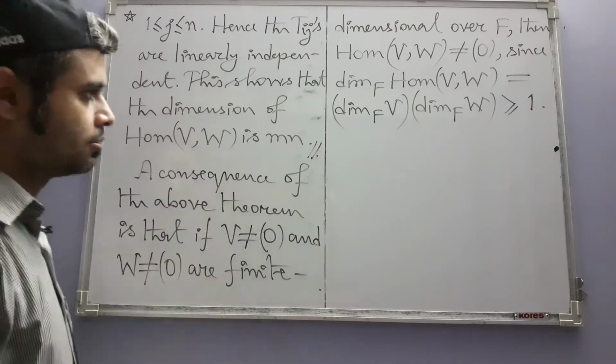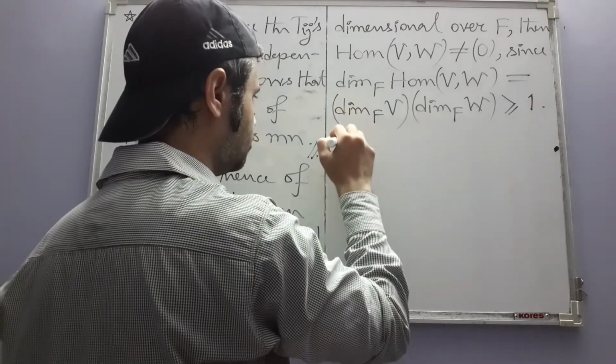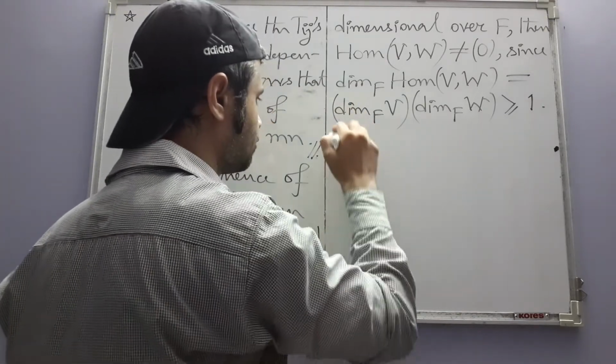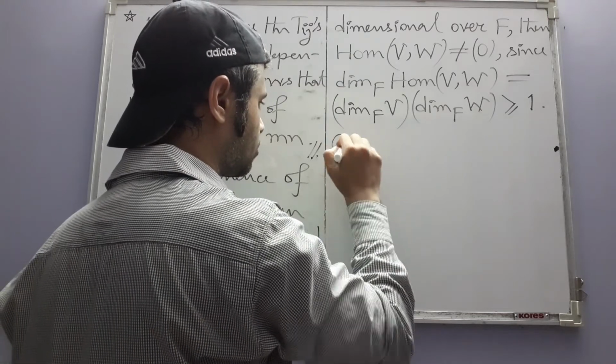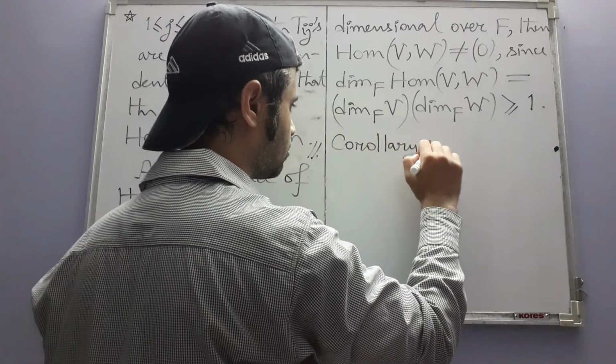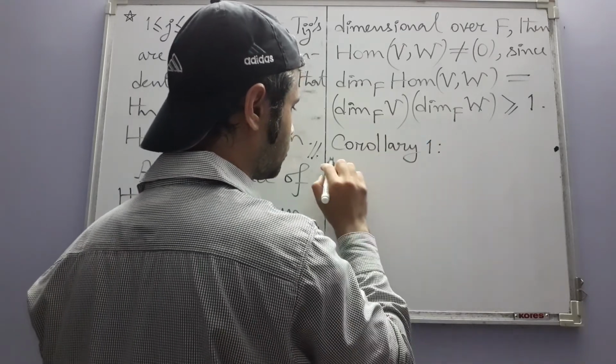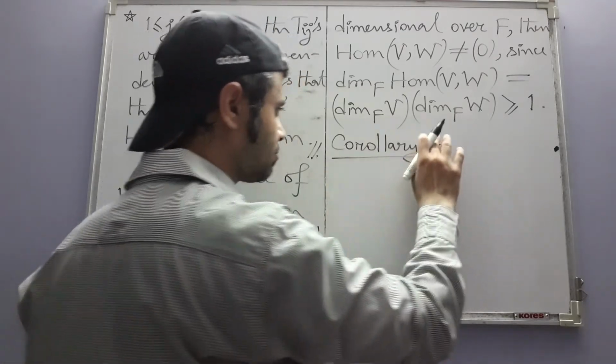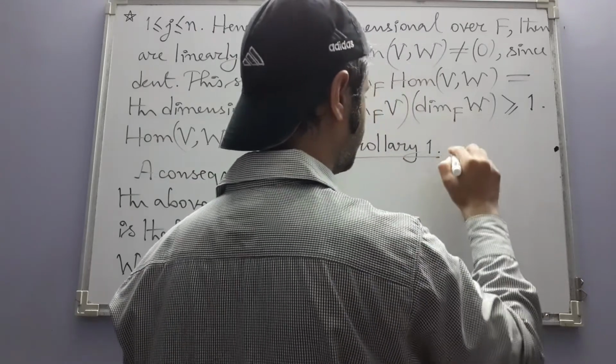Now this result of course has two special cases which are of importance. They are corollaries. First we have corollary 1.